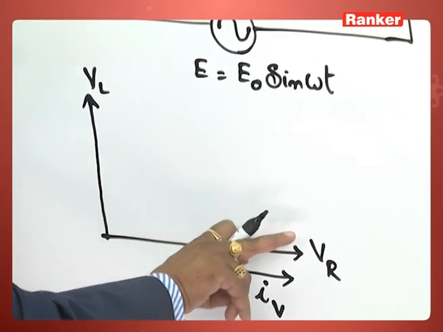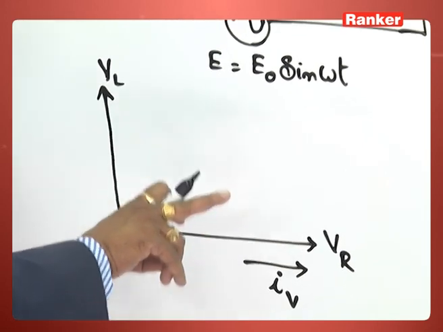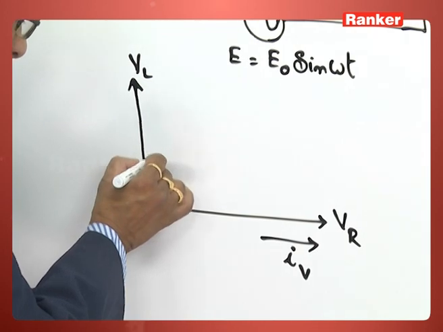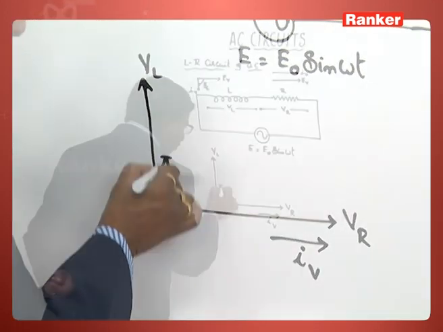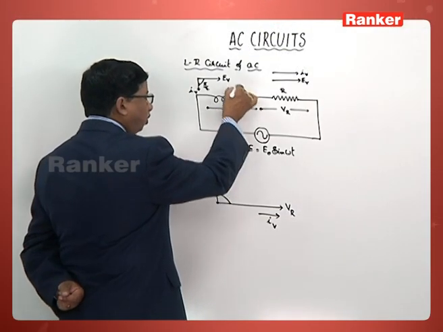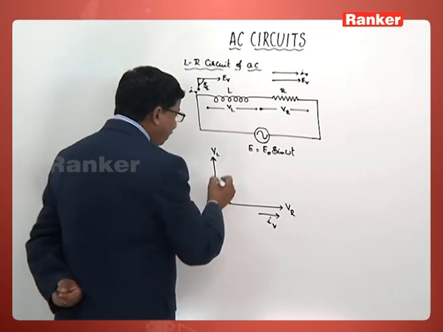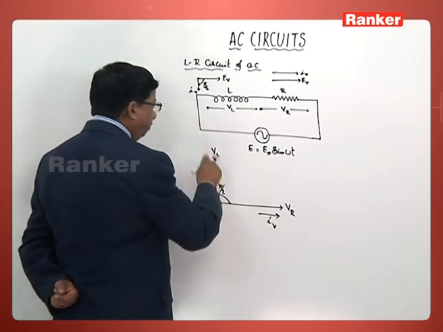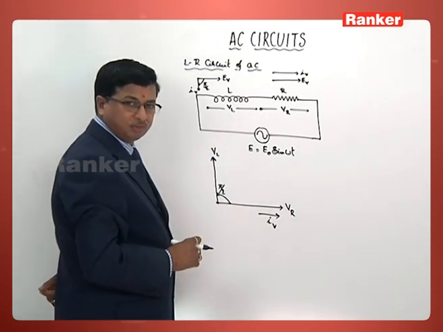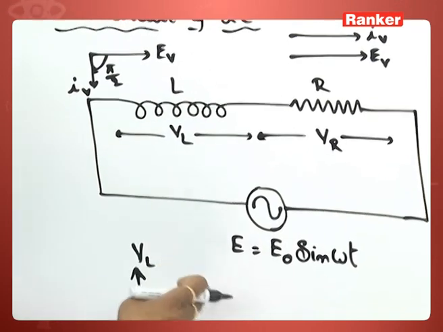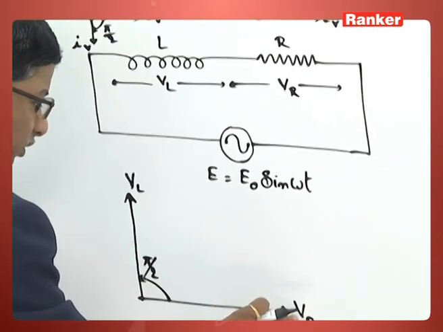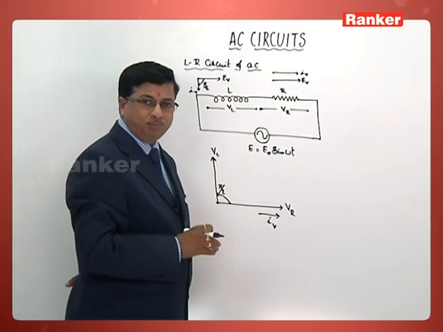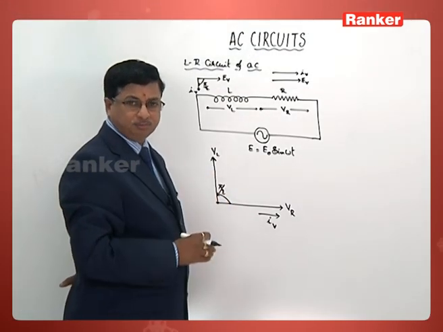If I take the same direction for virtual current, then you can find that this virtual value of EMF, or the voltage across the inductance, leads this current by pi by 2 radian. In fact, in alternating current circuits, we take these voltages as vectors.